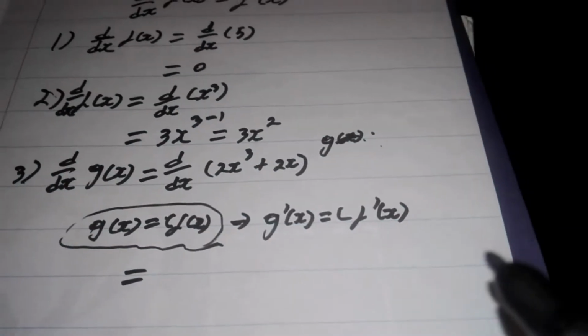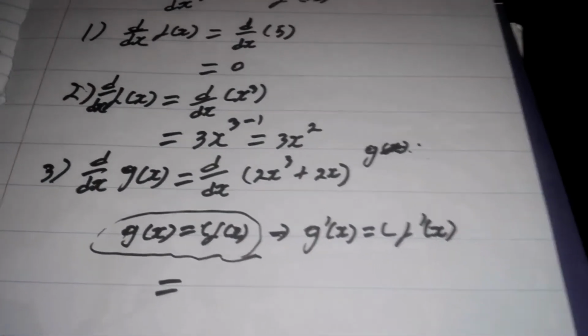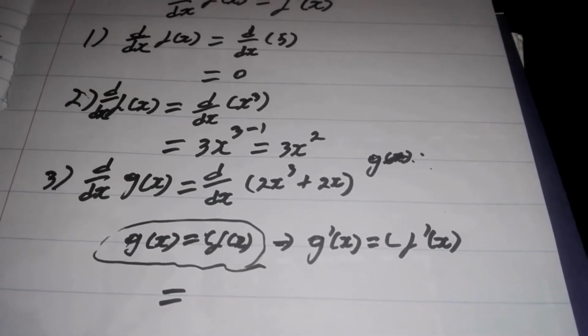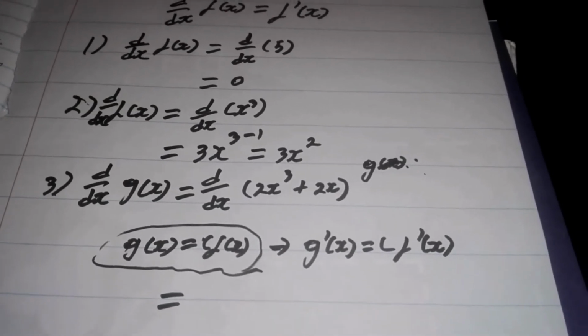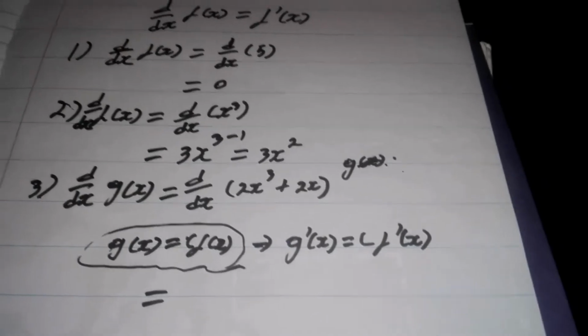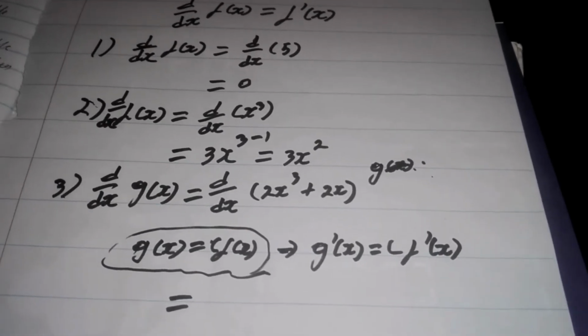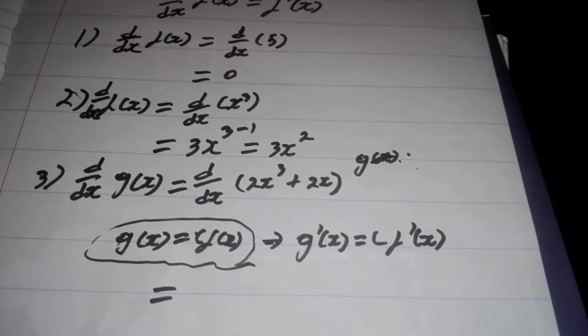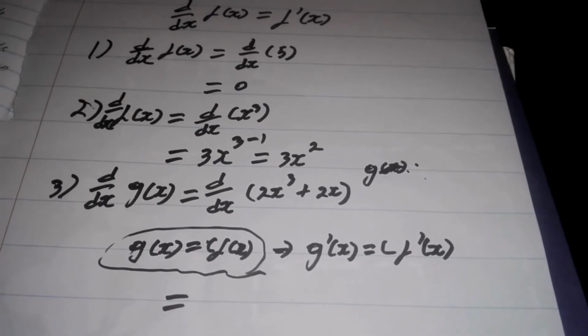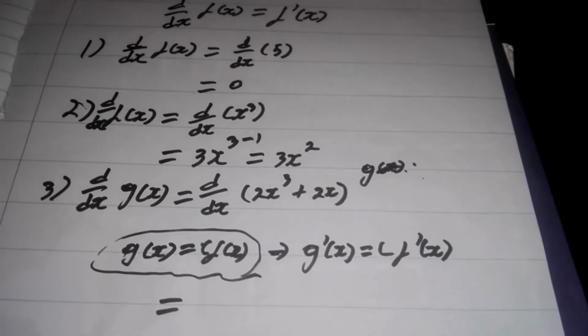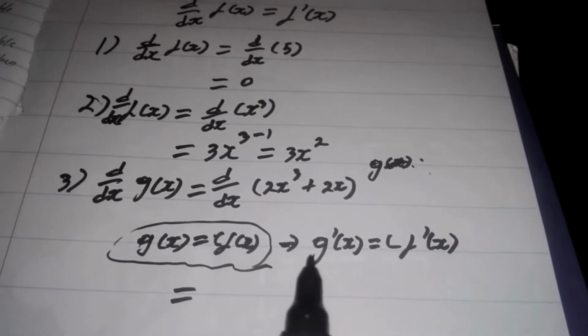So let's proceed. There are many ways of doing this, guys. I'm just doing this respective to the rules of differentiation. Maybe I'll show you another way of doing this, which again will be repeating one of the bullet points from the rules for differentiation.